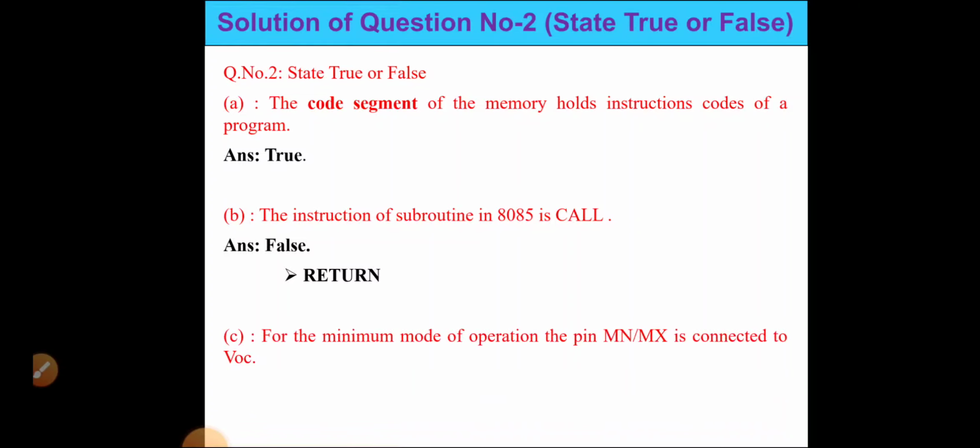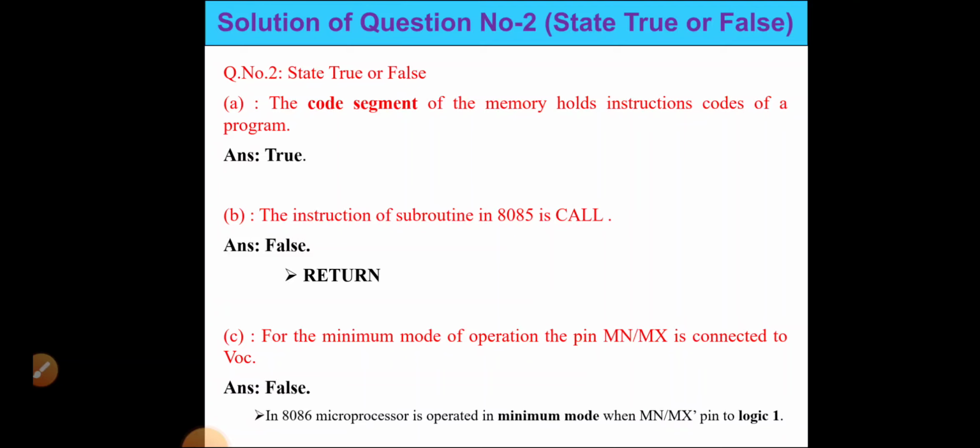For minimum mode of operation, the pin MN/MX is connected to BOC. False. It should be connected to logic 1. So the 8086 microprocessor operates in minimum mode when the MN/MX pin is logic 1, not BOC.